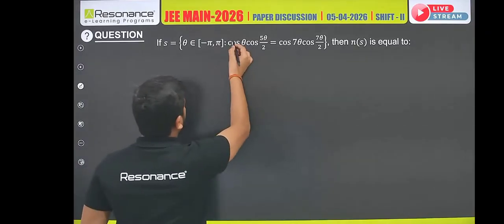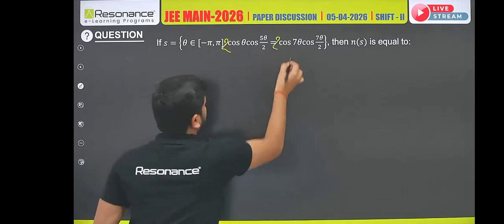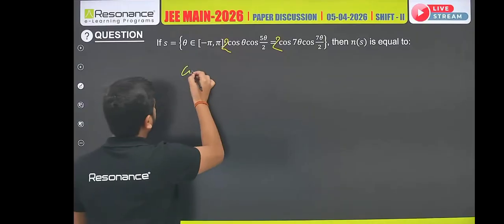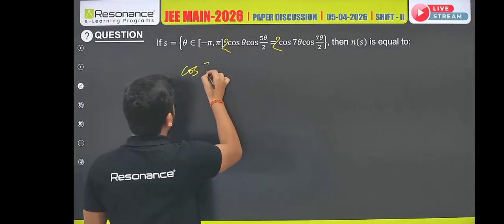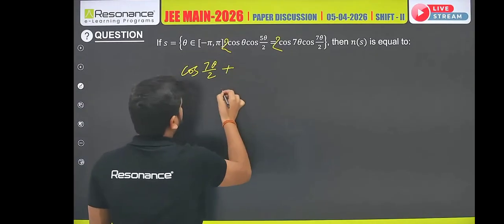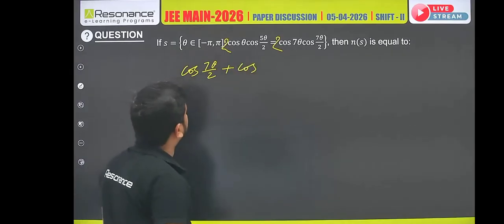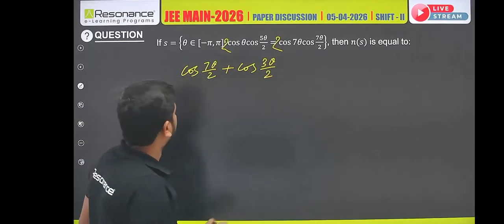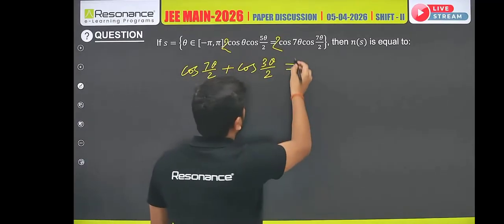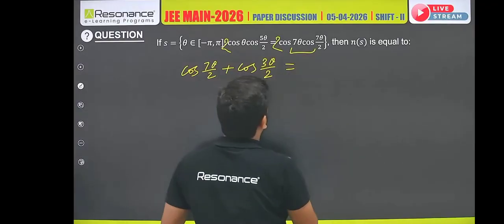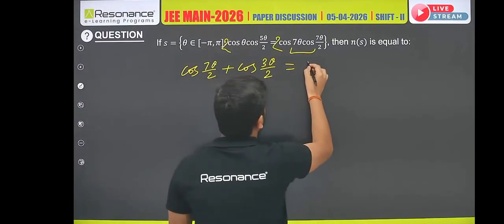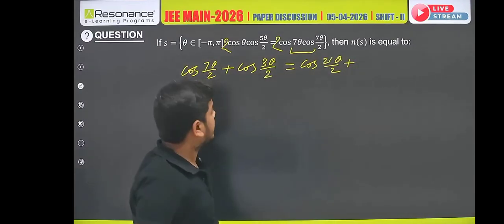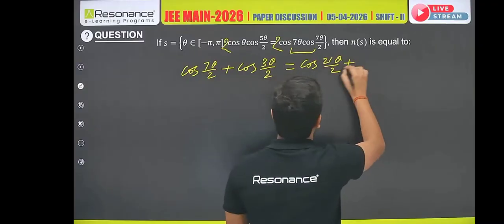First of all, multiply both sides by 2, and then apply 2 cos C cos D. You will get cos of (C plus D), which means 7 theta by 2, plus cos of (C minus D), you will get 3 theta by 2, is equal to, from here you will get cos of (C plus D), how much? Cos 21 theta by 2, plus cos of (C minus D) will become how much?